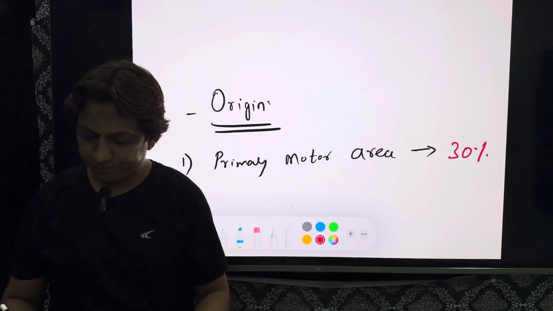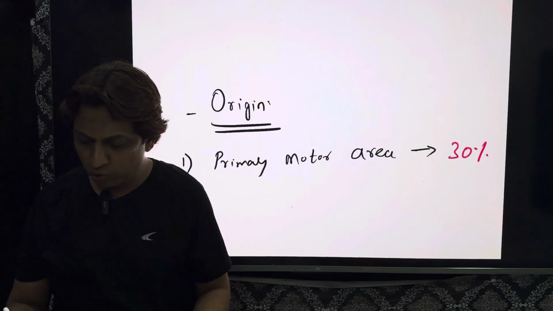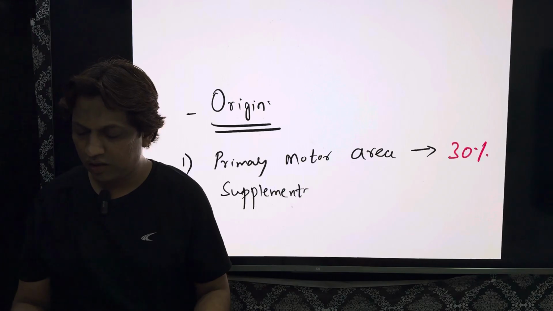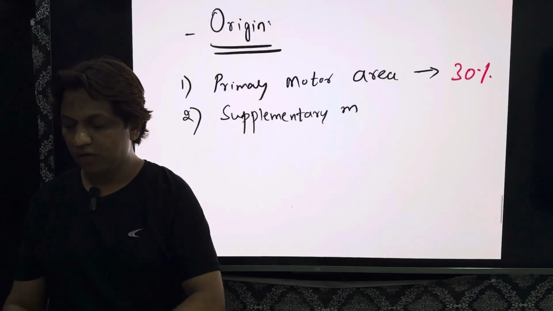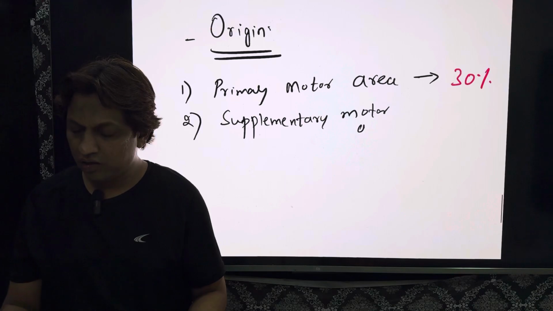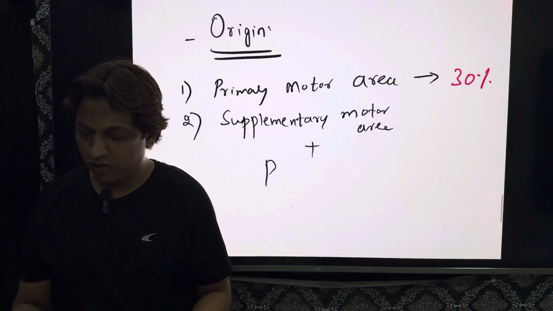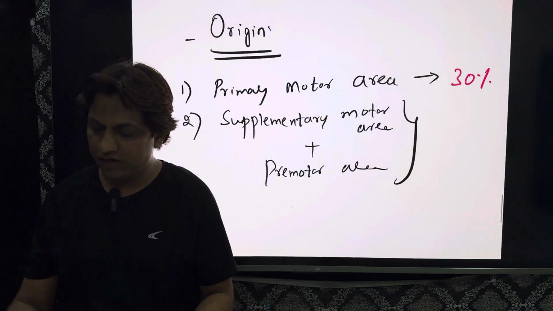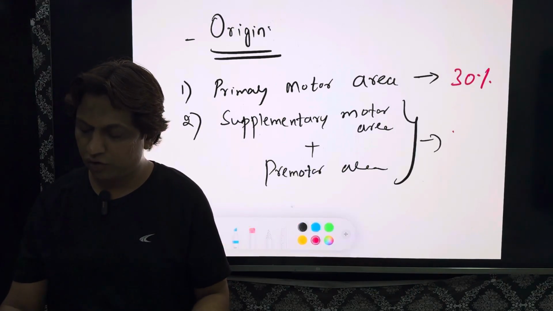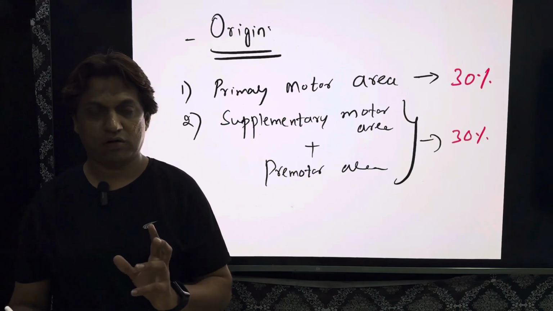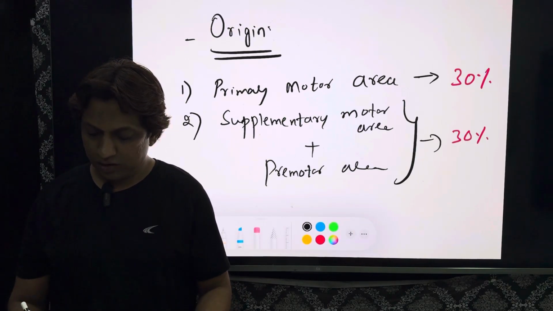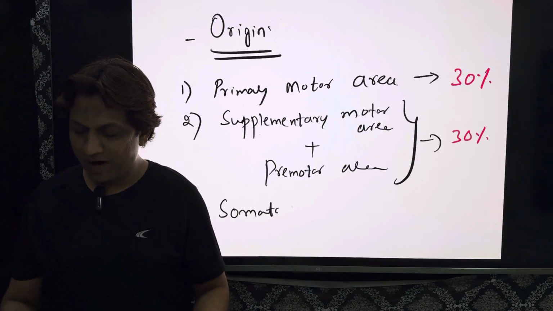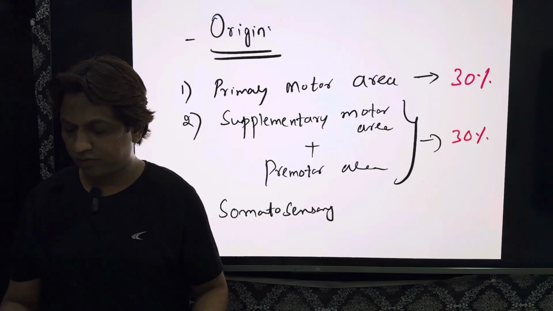This area constitutes around 30% of the total fibers formed by the corticospinal tract. Secondly, the other two areas of the motor cortex, that is the supplementary motor area plus the premotor cortex or premotor area, together constitute the next 30% of the total fibers, totally 60% from the motor cortex. Now surprisingly, the remaining 40% is contributed by the somatosensory cortex.